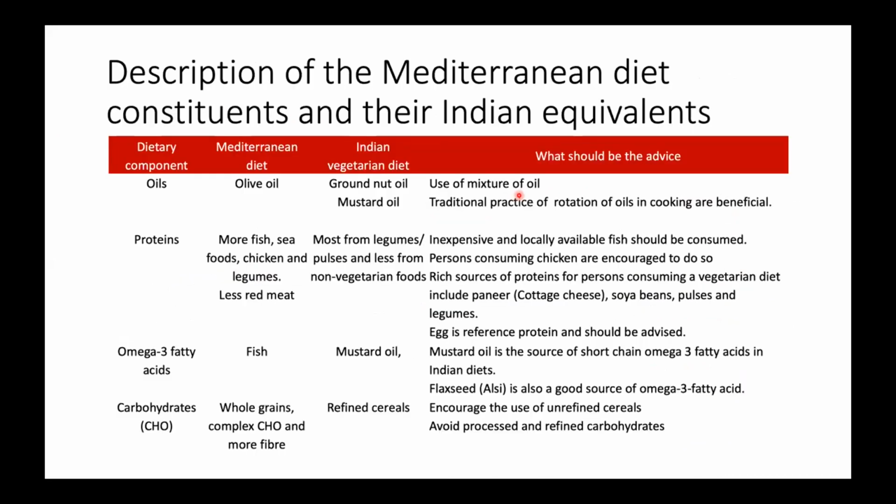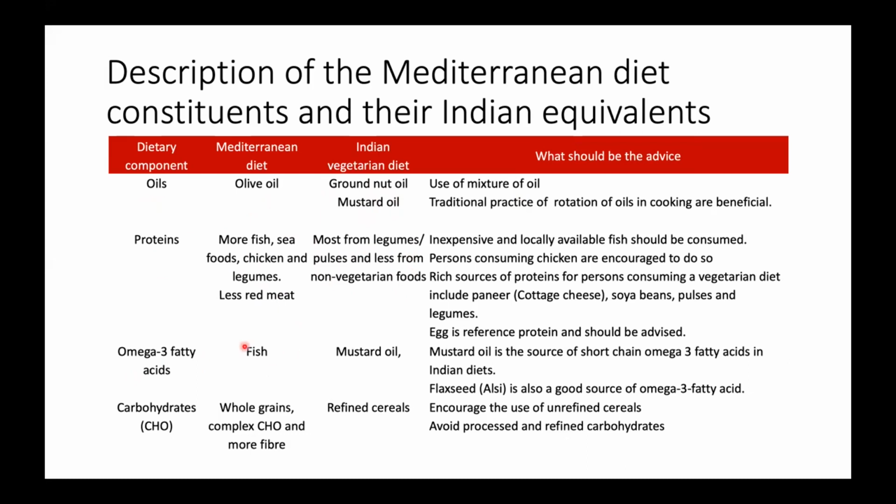So what do we think of the Mediterranean diet in the Indian context? Because they were using olive oil, our population can use groundnut oil or mustard oil in place of olive oil. They have protein sources from fish, chicken and legumes. We can use more legumes and pulses and less non-vegetarian food, because non-vegetarian food in the Indian context is a costly affair.